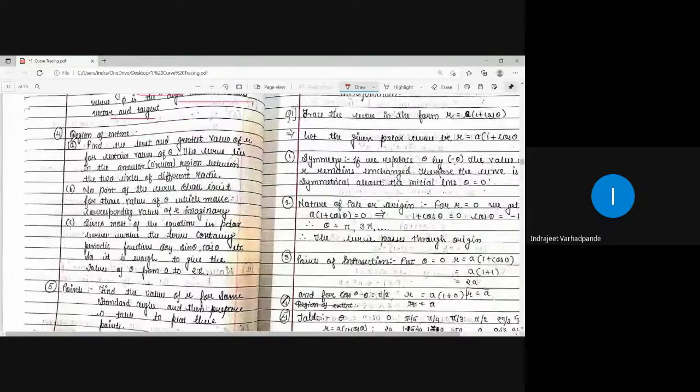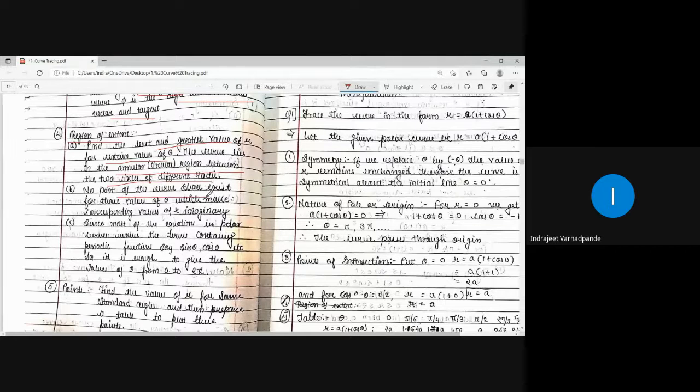Region of extent is another point. Here there is no question of asymptote. Region of extent, then points of intersection and plotting. Find the least and greatest value of r for certain values of theta. The curve lies in an annular or circular region between two circles of different radii.